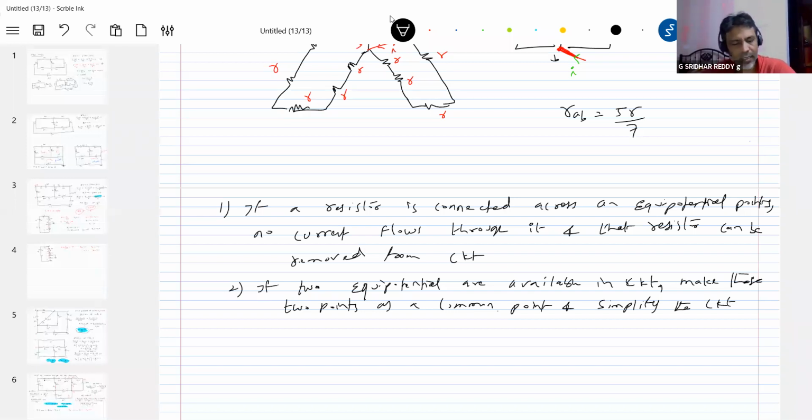Already I discussed this, where I gave a wire connected, no? After redrawing, it appeared as a simple series-parallel. So these are the two things which will be widely used in solving network problems.